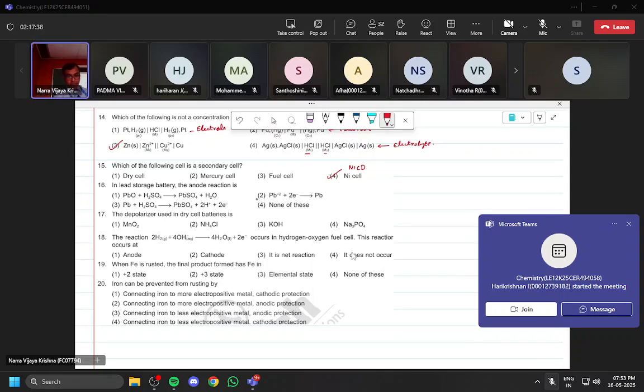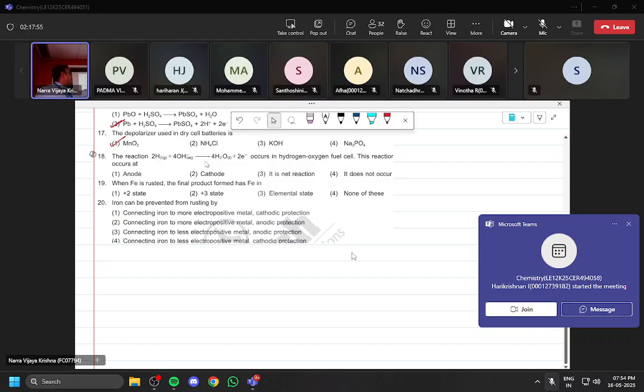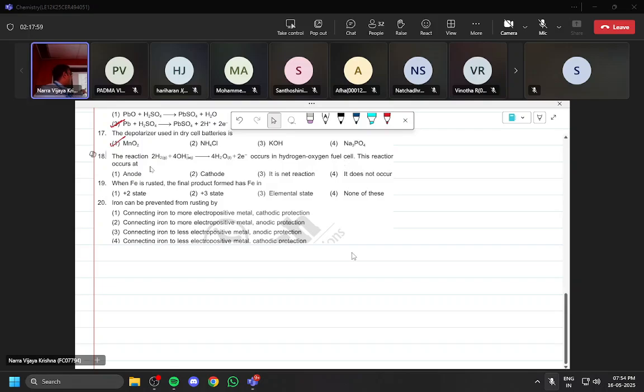Second option, anodic reaction, no. Third option, depolarizer used in dry cell batteries: MnO2. The reaction H2 + OH- gives H2O + 2 electrons, occurs in the hydrogen oxygen fuel cell. This reaction occurs at the anode. It is an oxidation reaction, right? So this reaction is at the anode.